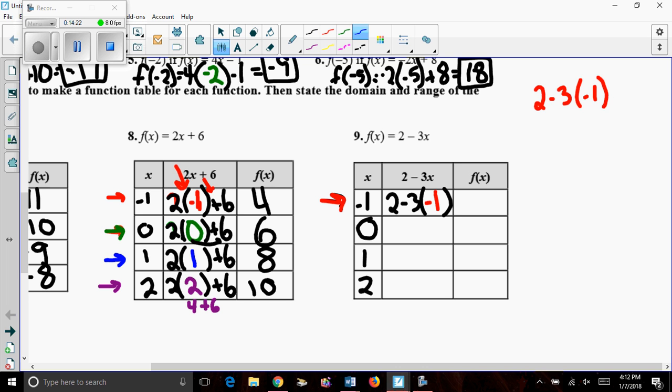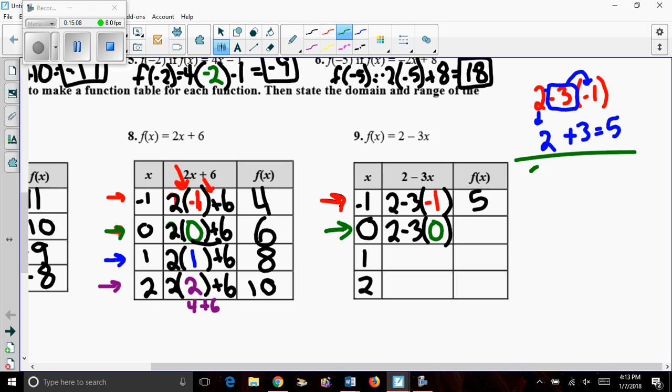Now, I need to look at what happens if I have this negative 3 here multiplied by negative 1. Negative times a negative is a positive 3, and I bring down my 2. And 2 plus 3 equals 5. Therefore, my first blank in the right column is 5. Next, 2 minus 3 times, instead of x, I am going to plug in a 0.